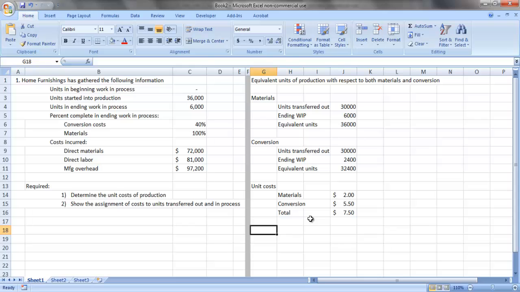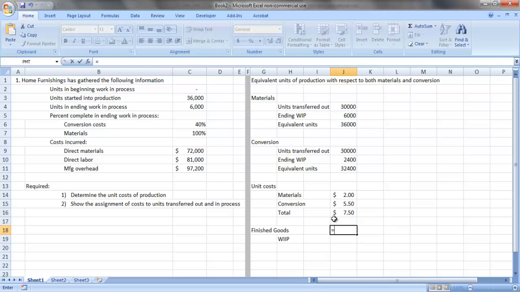The second part of the problem asks us to show the assignment of cost to units transferred out and in process. In order to show the assignment of cost to units transferred out, we'd be talking about the flow of costs from work in process to finished goods.